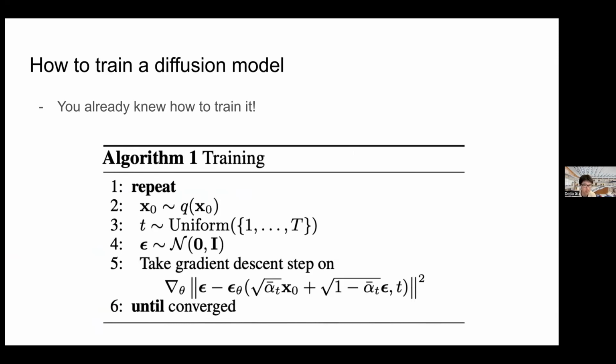Then we are going to add noise to distort this clean image. So to do this, we first sample a time step from a uniform distribution ranging from 1 to 1,000. And then we are sampling a Gaussian noise, which is the epsilon here. It is sampled from a Gaussian distribution.